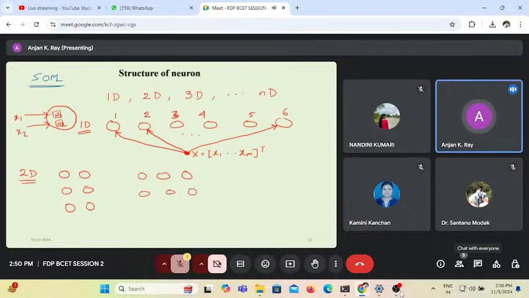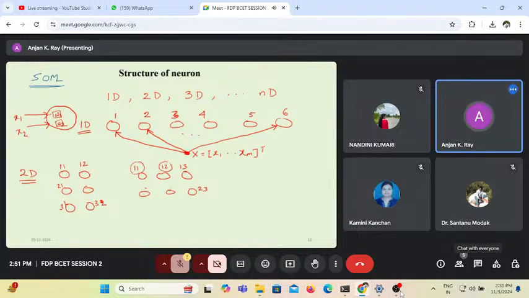When we have a structure like this, we also need to give each neuron an index. So here it will be 1,1, 1,2, 1,3, and similarly 2,1, 2,2, 2,3. Okay, so this is the structure.